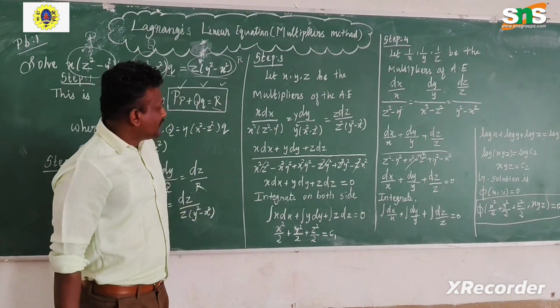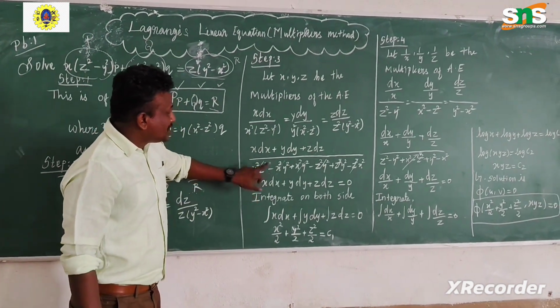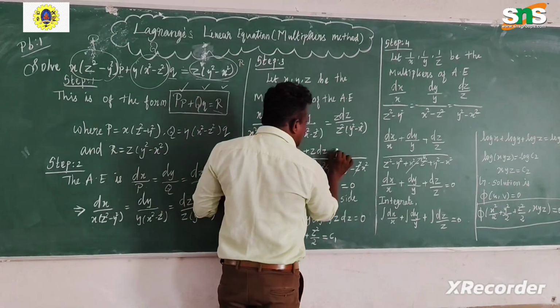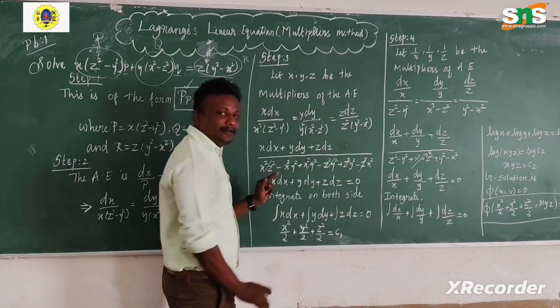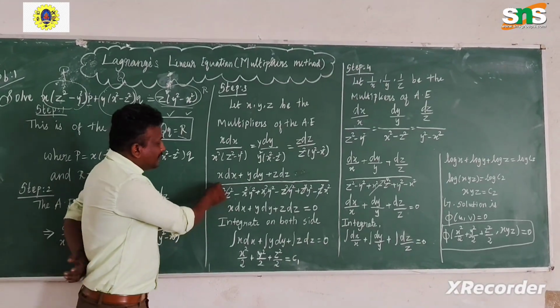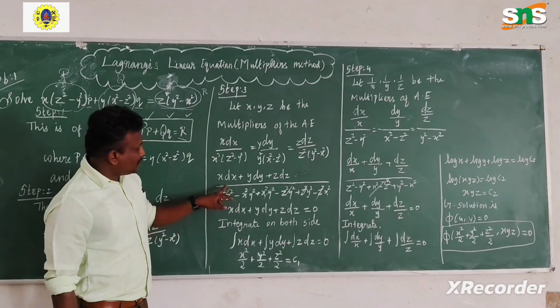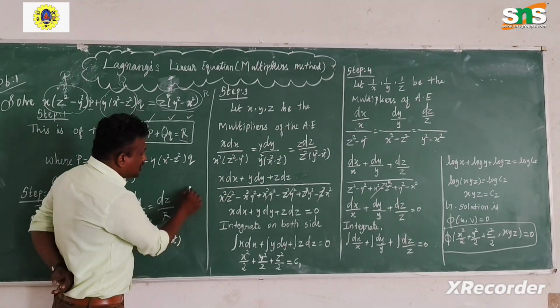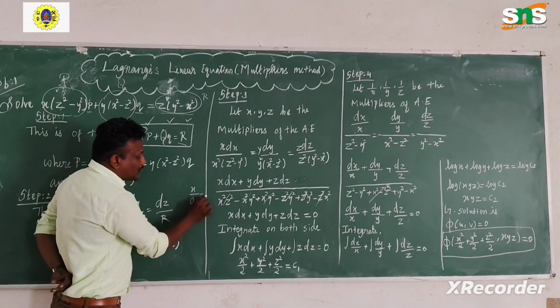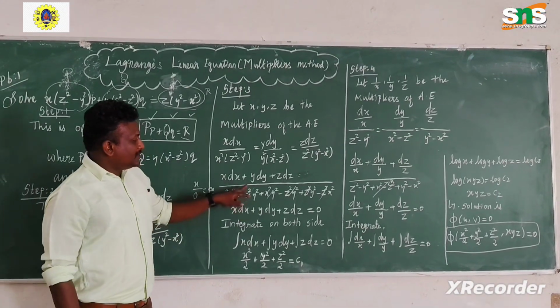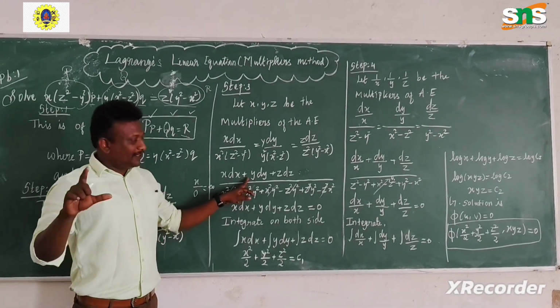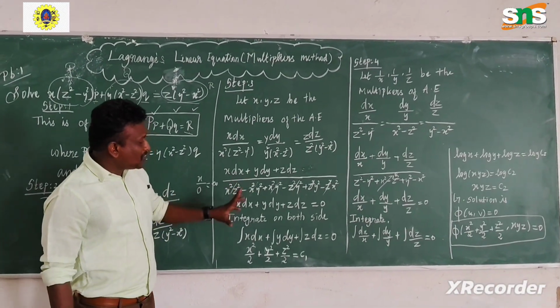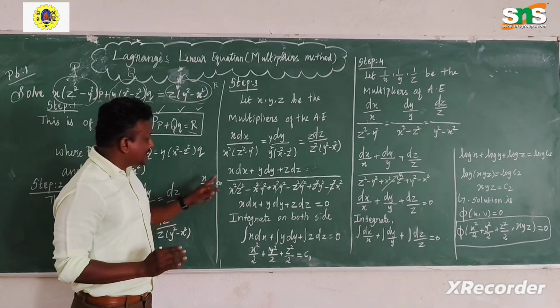There is a rule: if your denominator is 0, then your numerator is also equal to 0. Here you may get a doubt: suppose anything divided by 0 is equal to infinity. This is a common doubt that everybody can have, but you should not apply that rule here.